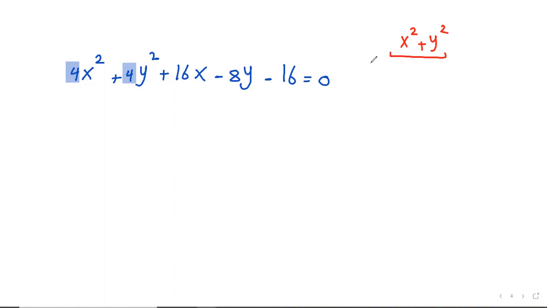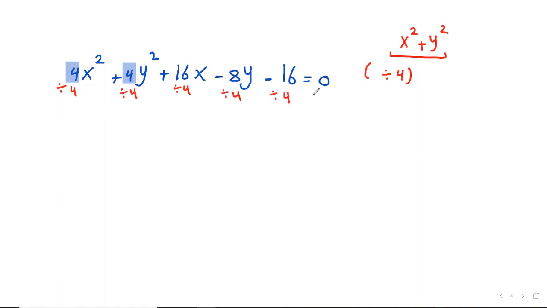We can write it as x to the power of 2 plus y to the power of 2 if we divide all terms of the equation by 4.